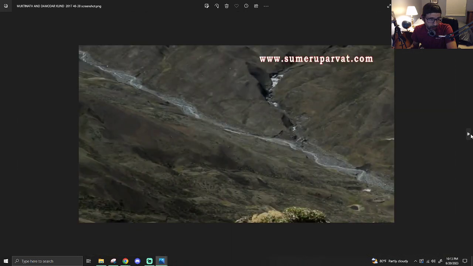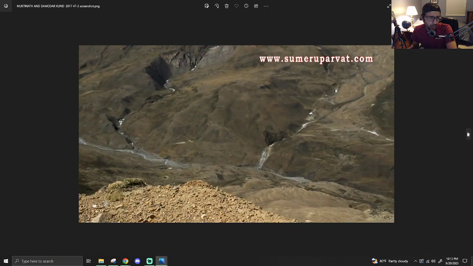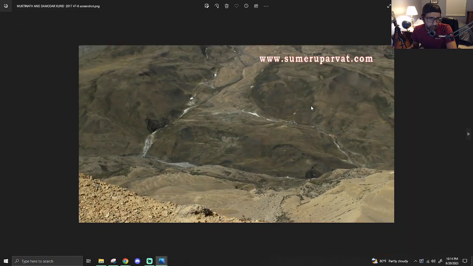Definitely more lakes. Lake there, possibly a lake over there. I don't know. Lake down there, maybe. There's that lake again, coming back, and there's that shaligram feature again.